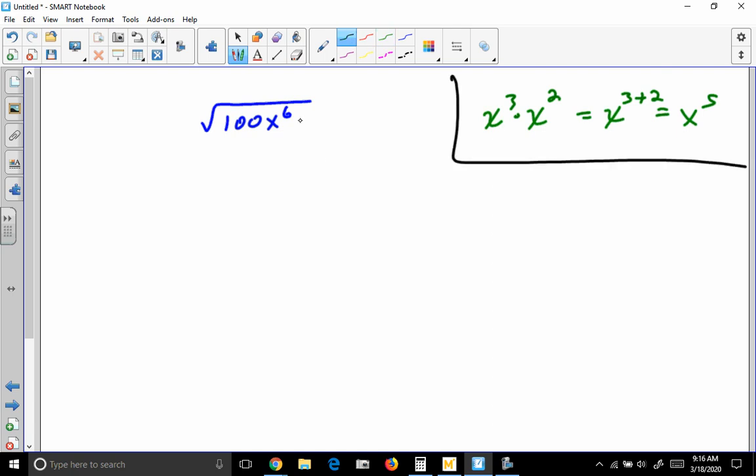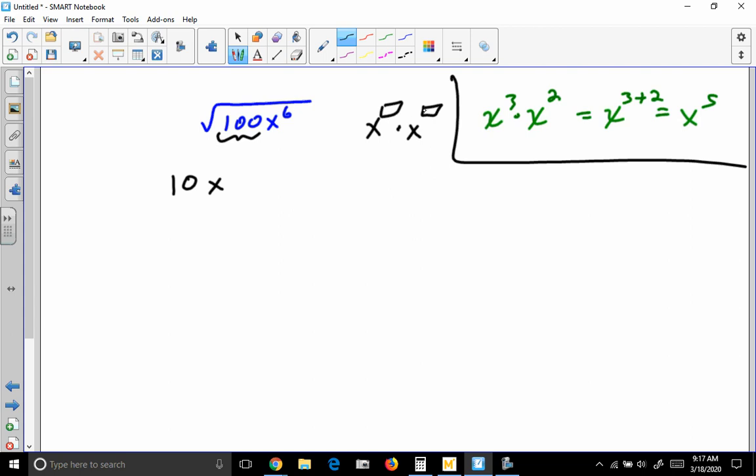So, when we take the square root of this, what number times itself makes 100? Well, 10 times 10 makes 100, so the square root of the number part is 10. For the letter part, when we do the square root of x to the 6th, x to what power times itself makes x to the 6th?